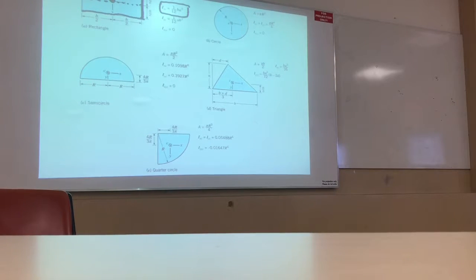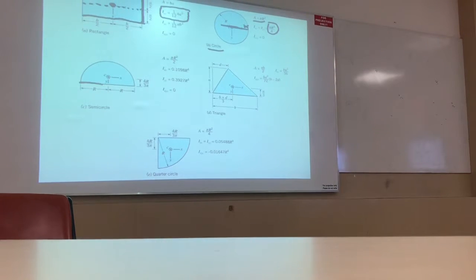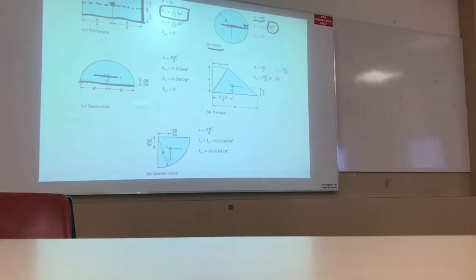On the other hand, if the object is circular, in that case it is rotating about this axis, so IXC and IYC are pi r to the power 4 by 4. Area is pi r squared. So you have to know this. For the semicircular shape, this is the rotating axis.